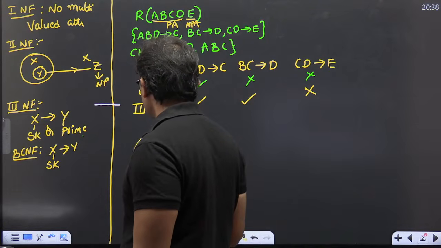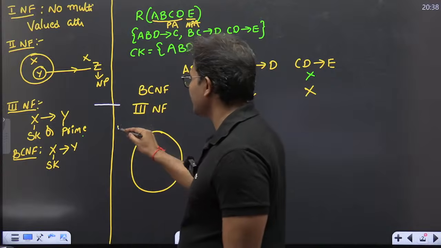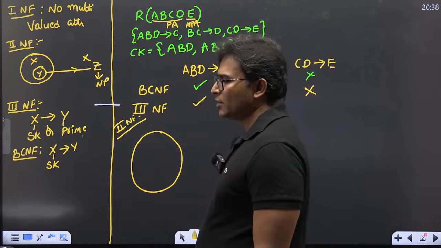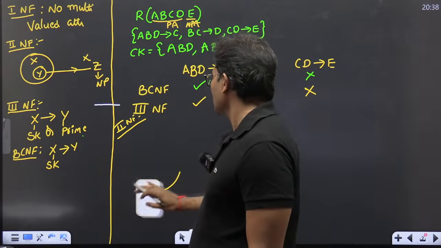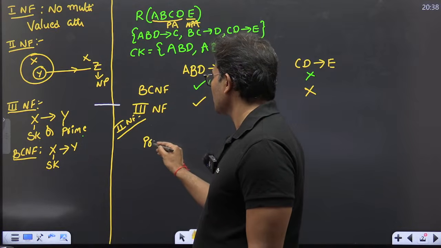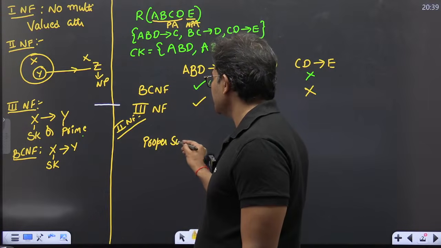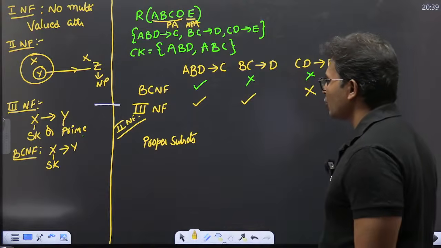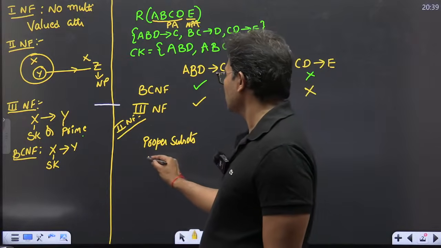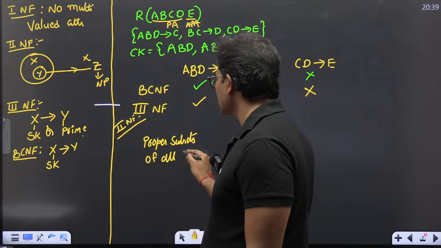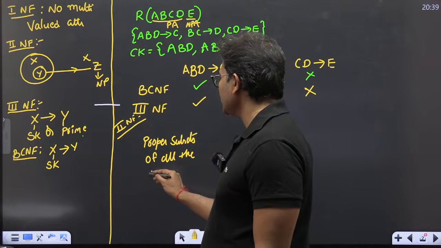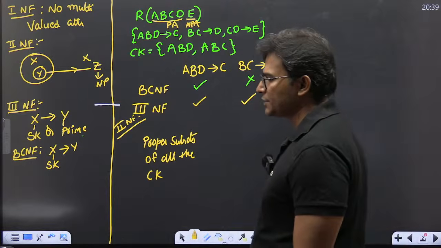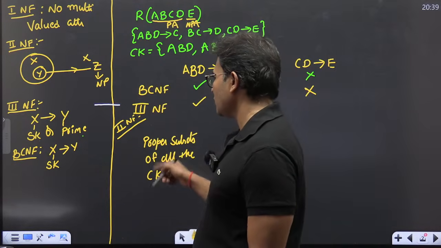You have to take all the proper subsets of all the candidate keys, because we are talking about partial dependency.